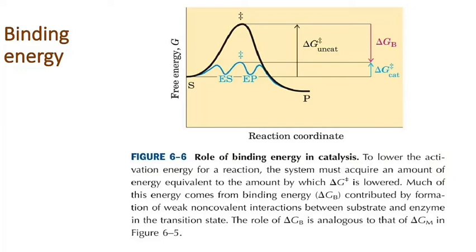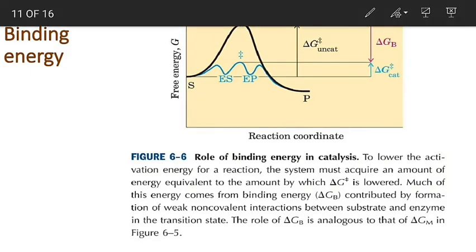Now, the formation of each weak interaction in the enzyme substrate complex is accompanied by a release of a small amount of free energy that stabilizes the interaction, and the energy derived from enzyme substrate interaction is known as the binding energy, that is the ΔGb.